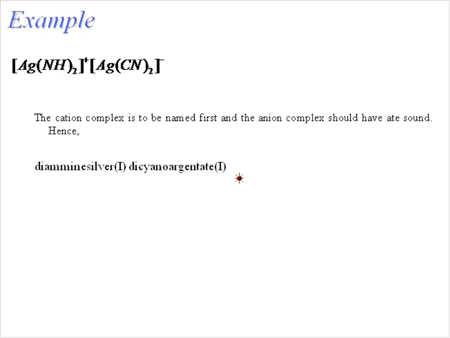So this is how you name this anion. If you want to name the whole thing, cation, you know how to name this complex. Cation's name will come before. So diamine, silver, valency, oxidation state. Here also oxidation state 1. That should be it for this part.